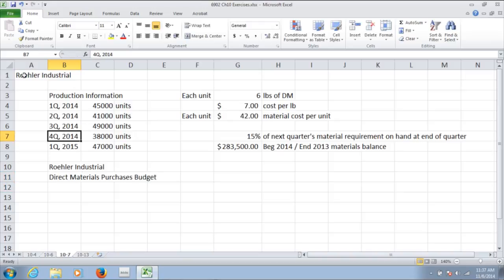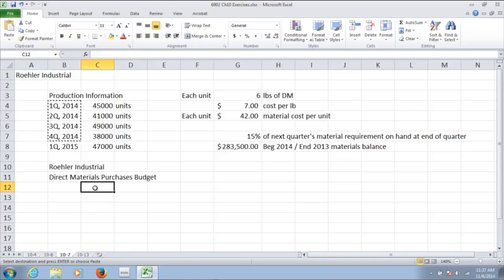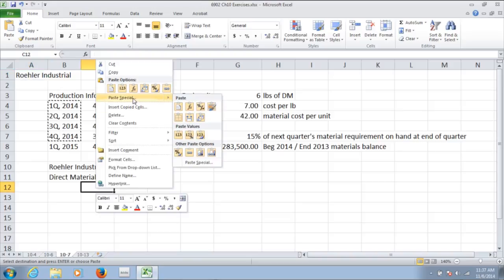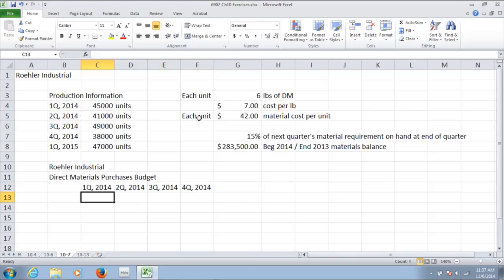And then what I would want to do is take these data that are presented in a column and copy, and then over here, either we can right click the mouse, and then go into Paste Special, and under Paste Special we have Transpose. So I like to present this information in columns rather than rows. I think it's going to be a little bit easier to follow that way.